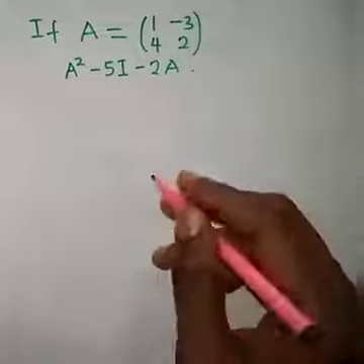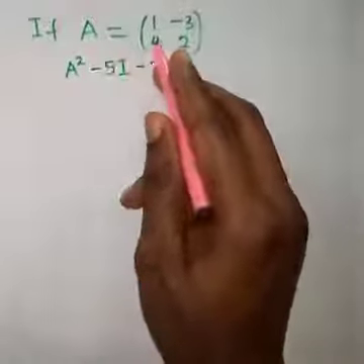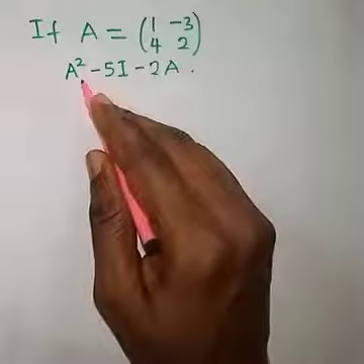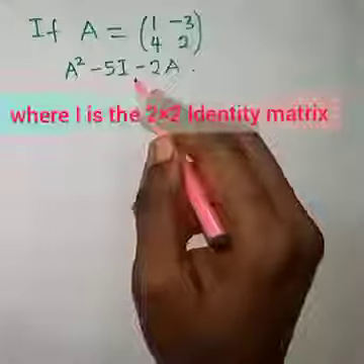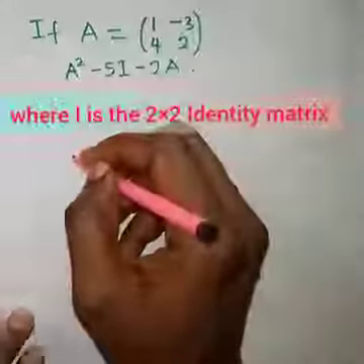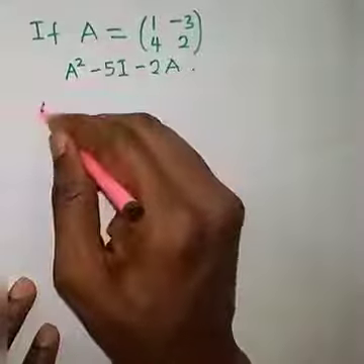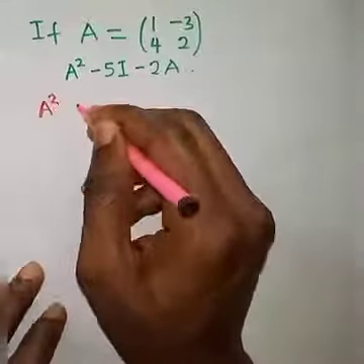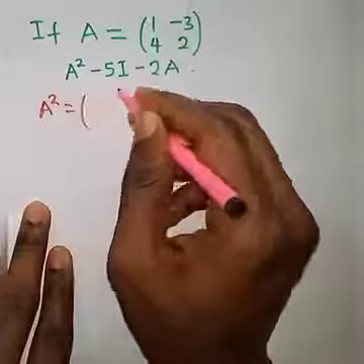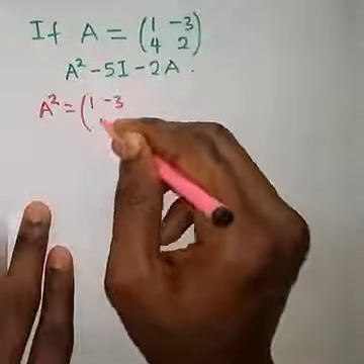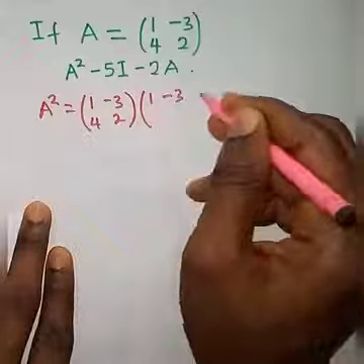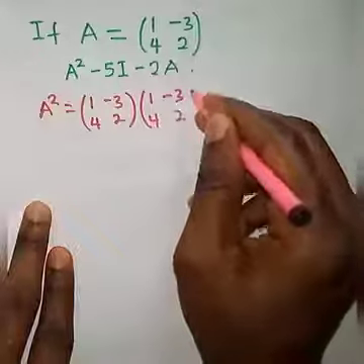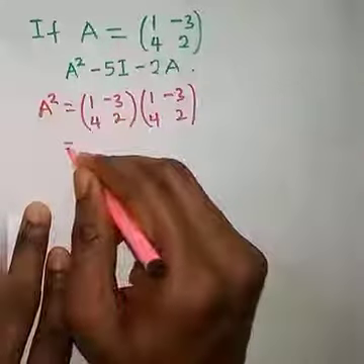Now let's see another example. If A equals this, evaluate A squared minus 5I minus 2A, where I is the 2 by 2 identity matrix. So let's evaluate A squared, which is equal to A times A: [1 -3; 4 2].